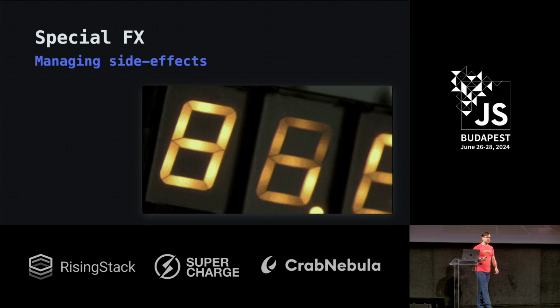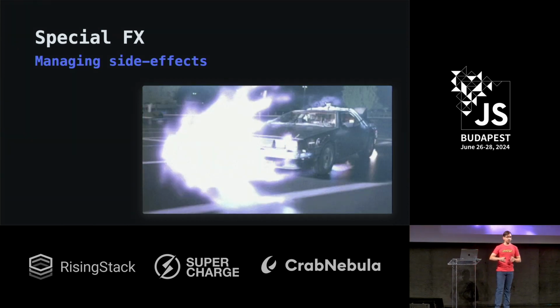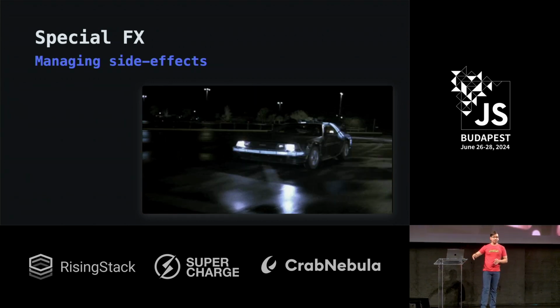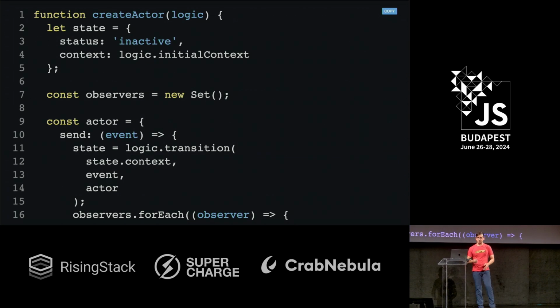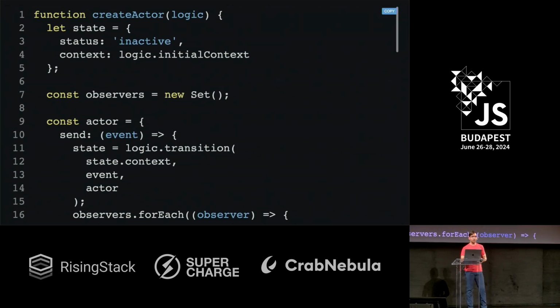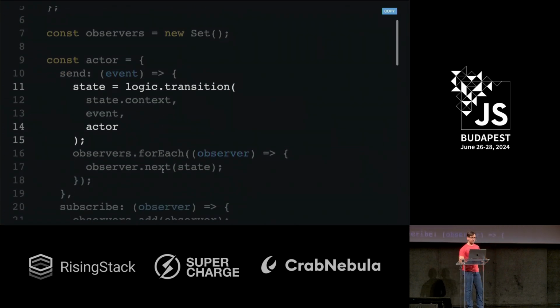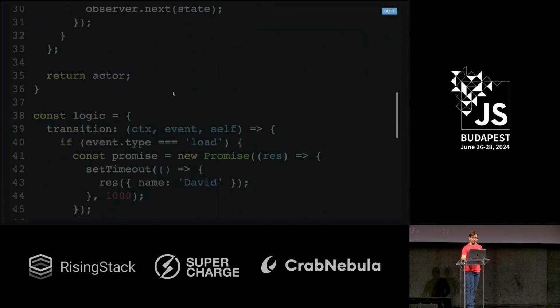Now, because actors need to send messages to other actors and perform effects so that they're useful, the way we can do this is by passing the actor itself to the actor logic. You can see that we're doing that over here. We're passing the actor to the logic.transition function.